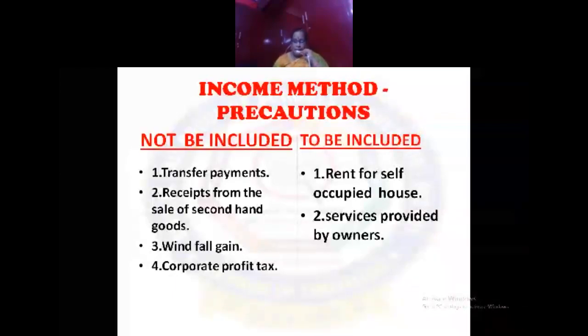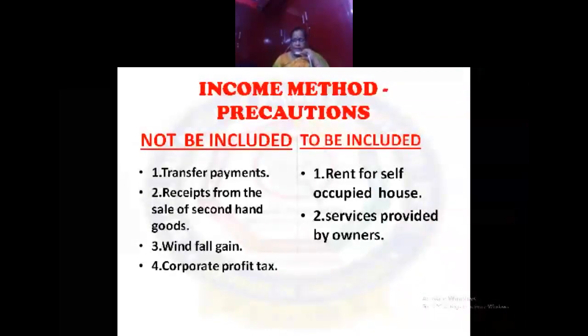Unexpected gain. I can give you an example, a lottery. Windfall gains such as lotteries are also not to be included as they do not represent the receipts from any current productive activity.